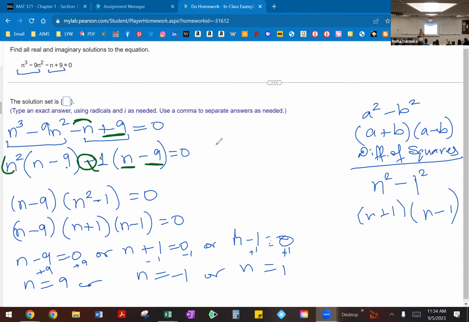Alrighty, guys. So our solution set in this case would be, let's see, which is our smallest number, negative 1, 1, and then.